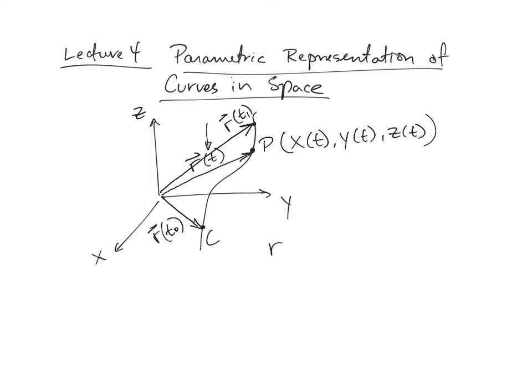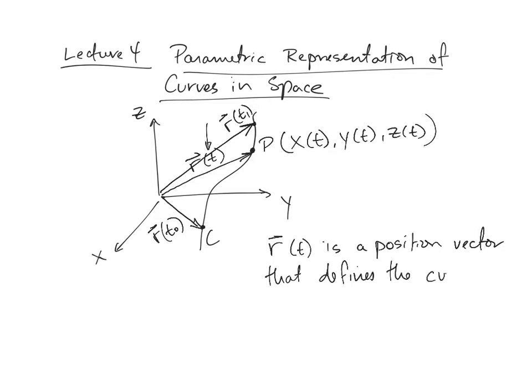So r in this case is a position vector that defines the curve C. And the head of that vector is going to keep moving as time progresses, and where it is in three-dimensional space defines that curve. So we're going to use these a lot in this course, so it's a concept that you're going to have to get used to.